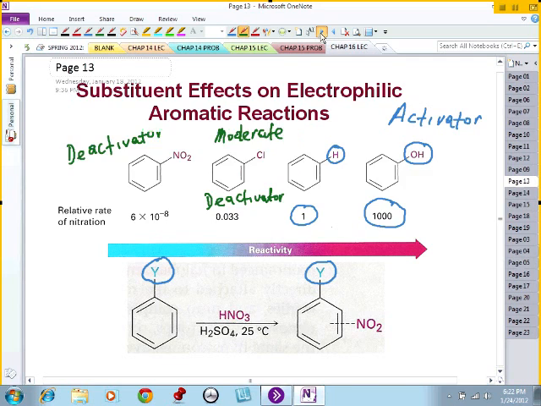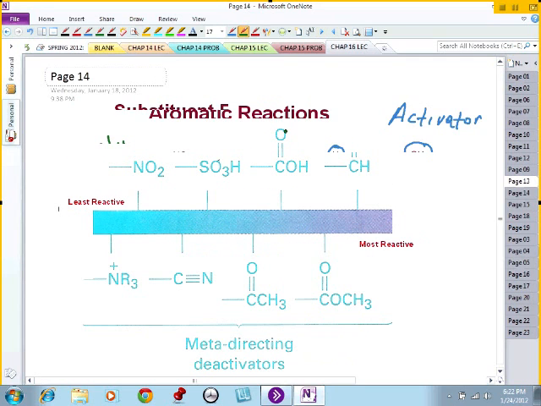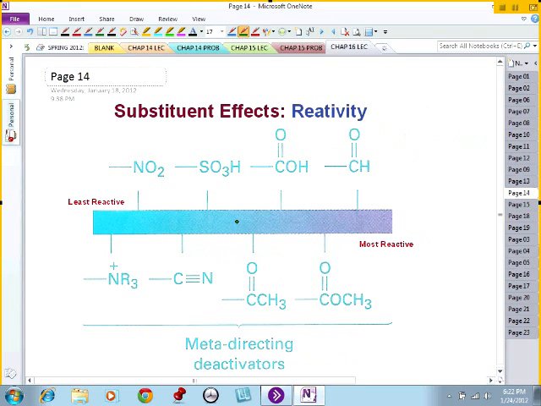Now, if we go to the next slide, we begin to see the implication of this. On this slide, we show you all of those groups that are deactivators. The nitro group is a deactivator. The sulfonic acid group, deactivator. The carboxyl group, deactivator.